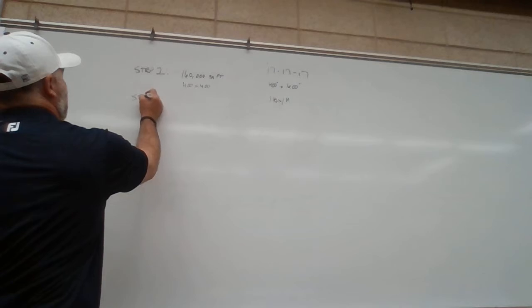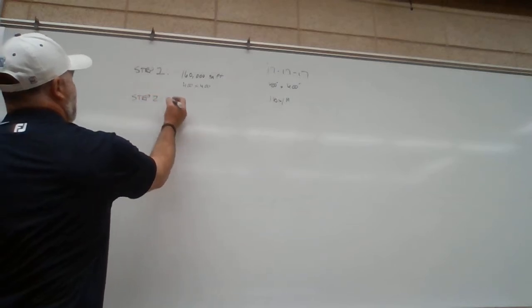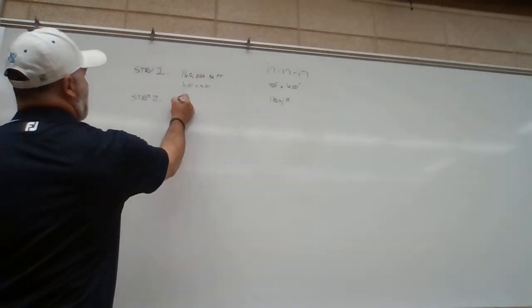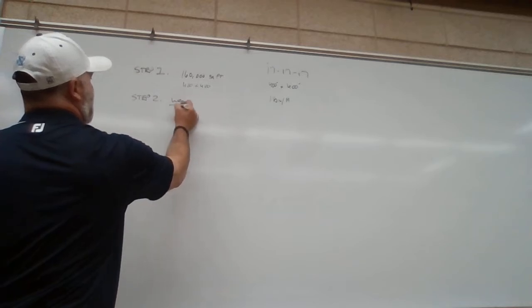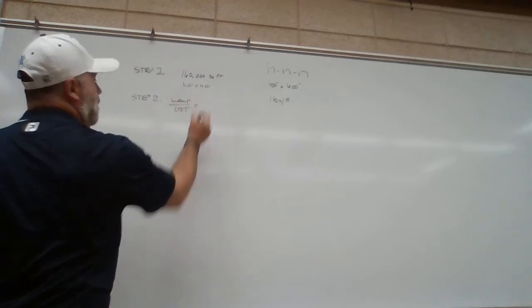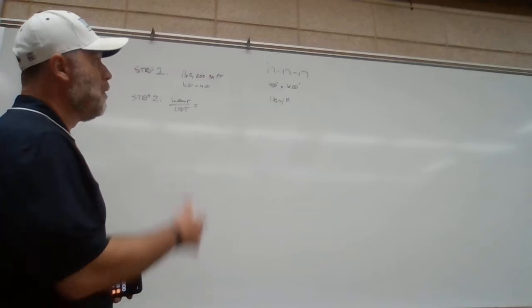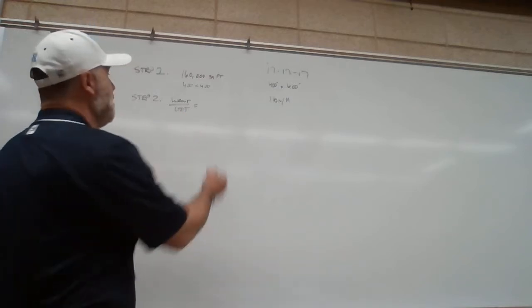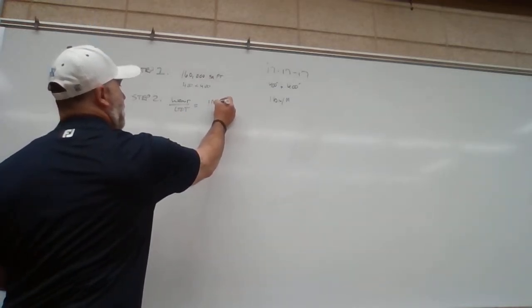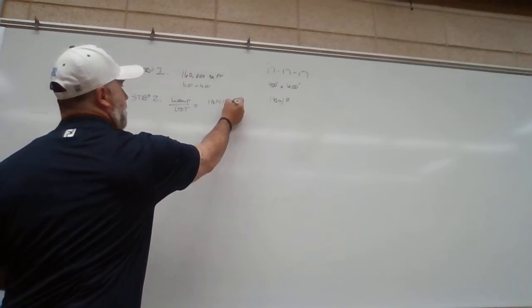Step two, won't over got. Won't over what I have. What do I want? I want 1 pound nitrogen per thousand.